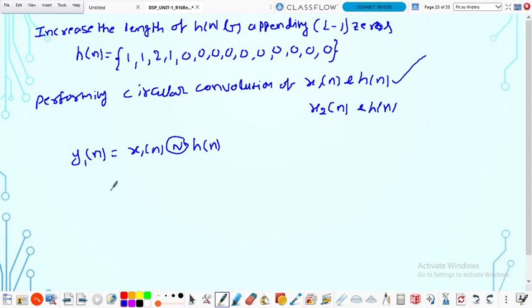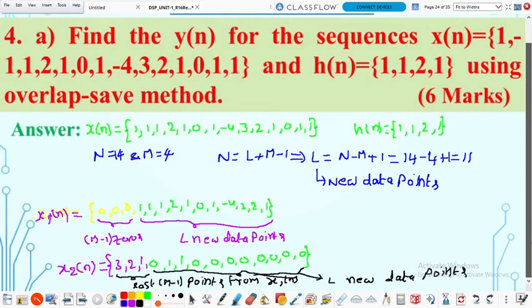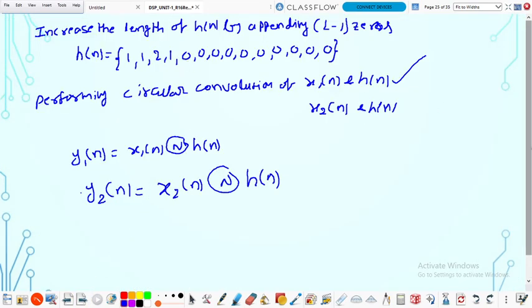So what is x2 of n? This is x2 of n sequence and this is h of n sequence. So perform the circular convolution of x2 of n with h of n.